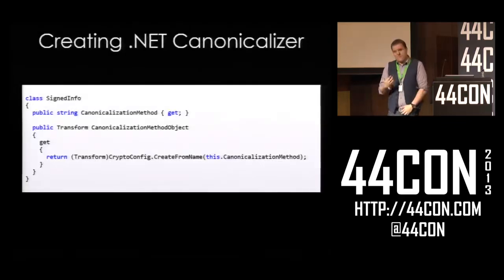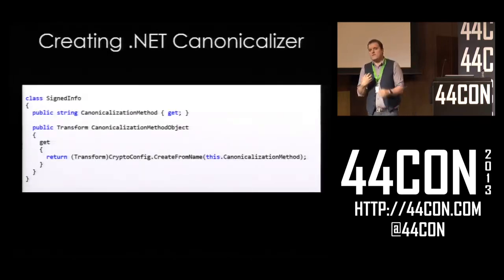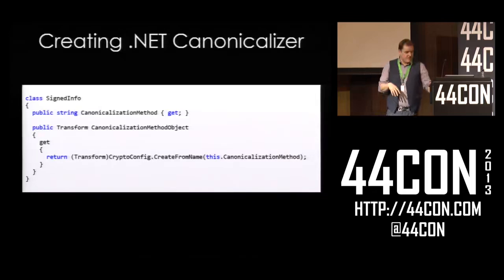So I looked at the way in which .NET was instantiating this canonicalization algorithm. At its core, the .NET implementation has some function which will do the canonicalization process, and it must map from that string to some sort of instantiated object. Seems reasonable? Now, this is a very stripped down version of the SignedInfo class, which represents the SignedInfo element.